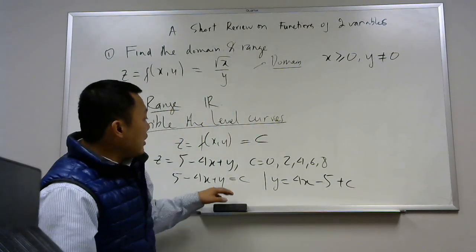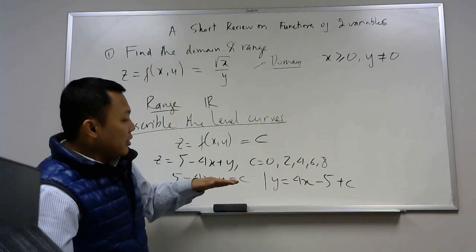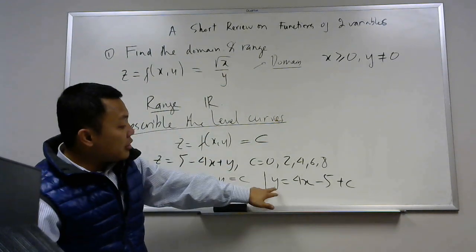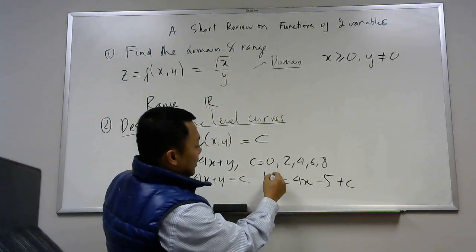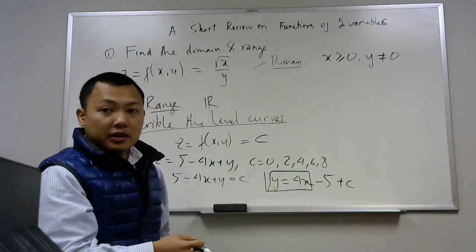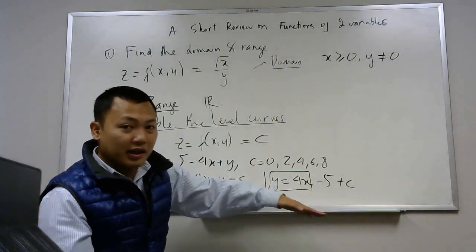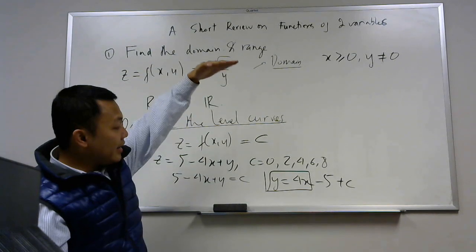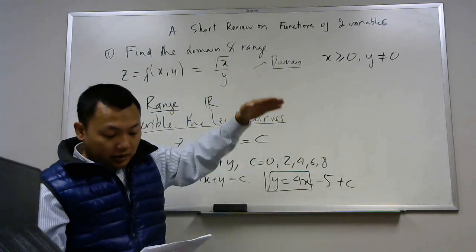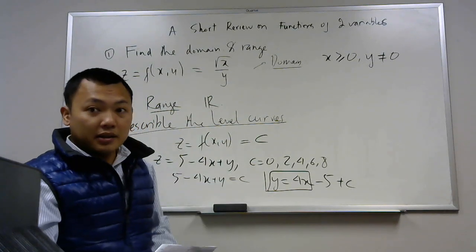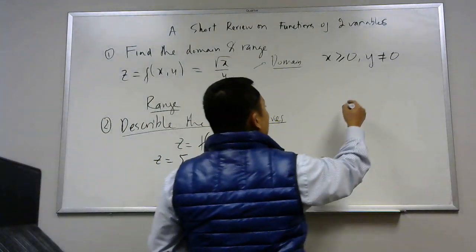So the level curves of this function are straight lines, and every straight line is parallel to y equal to 4x. When you change c, you just move that straight line along the y axis. So first you need to sketch y equal to 4x.